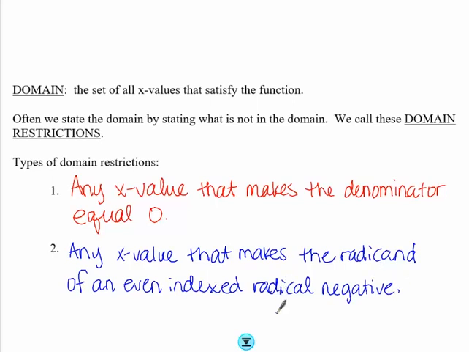So by this, I mean if we have square root or fourth root or 12th root or any other radical with an even index, the radicand, which is the value inside the radical, cannot be negative. You're familiar with that with square roots, but it's also the same for any even indexed radical. Let's take a look at a few examples.